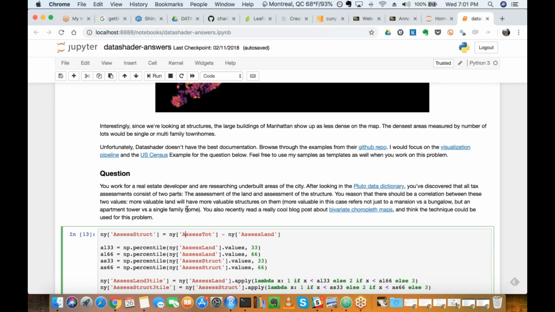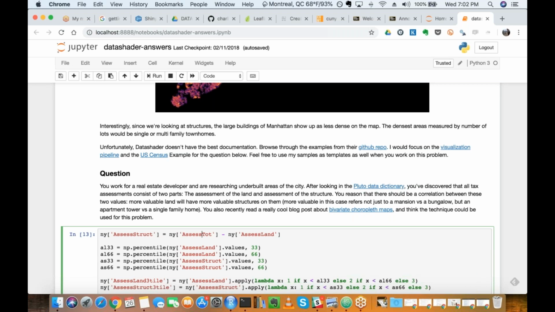So yes, Dan, we'll put a pin in that, because I'm going to talk about some of the pros and cons of using the bivariate choropleth maps here. And using a ratio is definitely valid in this use case.